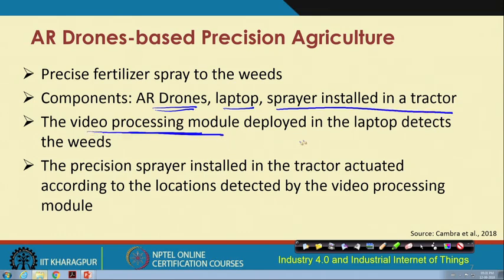This video processing module helps in spraying the weedicides on the weeds, along with the precision sprayer installed on the tractor, which is actuated according to the locations detected by the video processing module. In this solution they are using computer vision mechanisms for decision making and analytics.